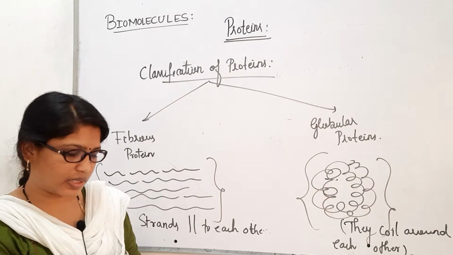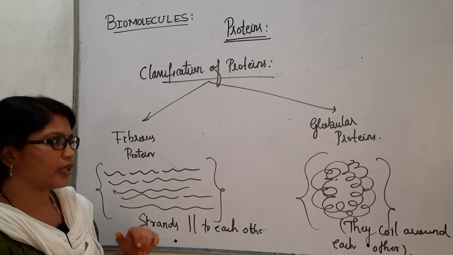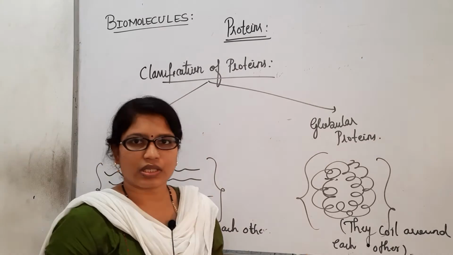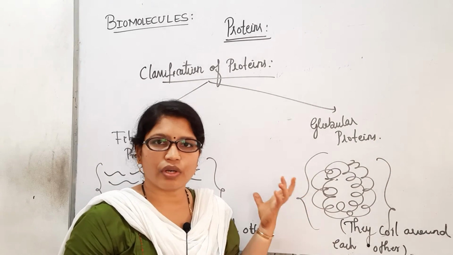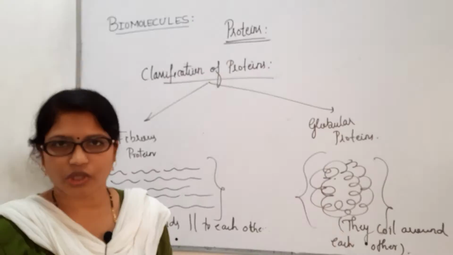This is how we define globular proteins as well as fibrous proteins. Now what examples can we consider here, and how they differ with respect to the complex structure of the proteins, we have to check out. Fine.